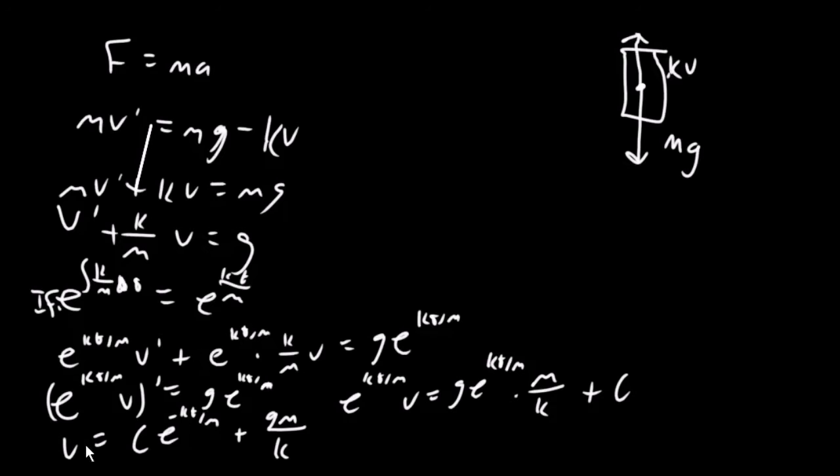So based off of those boundary value conditions, if v of 0 is equal to 0, then this entire equation, we're going to get a negative gm over k. So then this works out to be v is equal to gm over k, because if the c is negative gm over k, then we can just factor the whole thing out. Gm over k times 1 minus e to the negative kt over m.